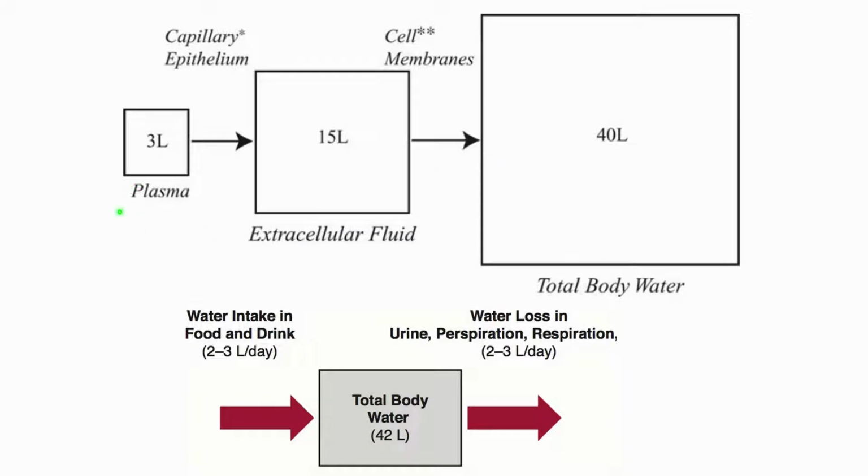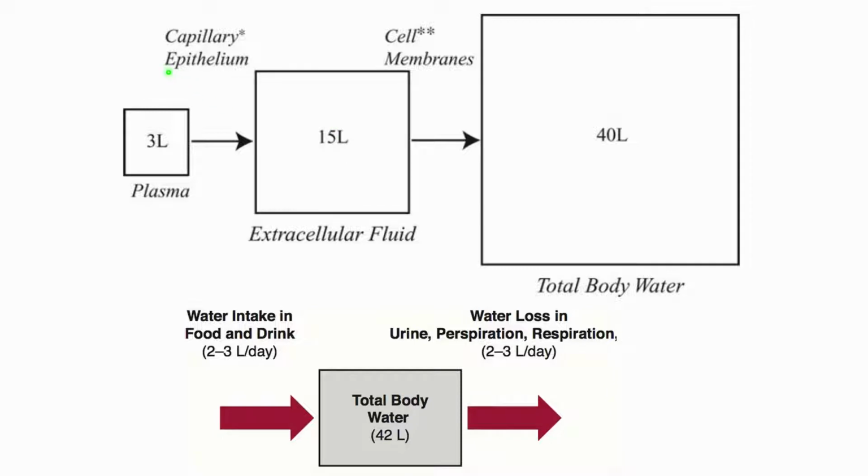To start with, the volume of your blood plasma is not too large. It's between 3 and 5 liters of aqueous solution. Now, a much larger volume is the so-called extracellular fluid, which is 15 liters.